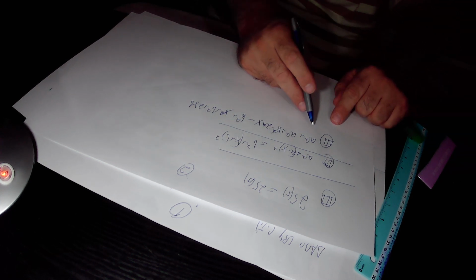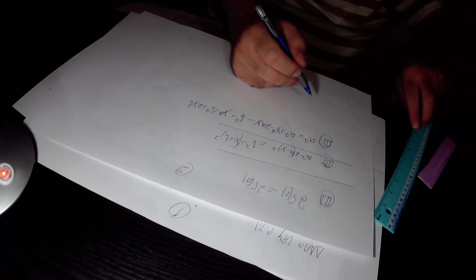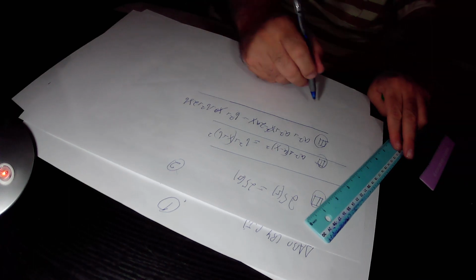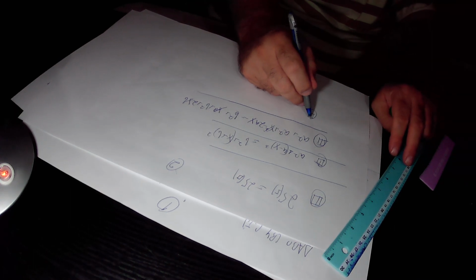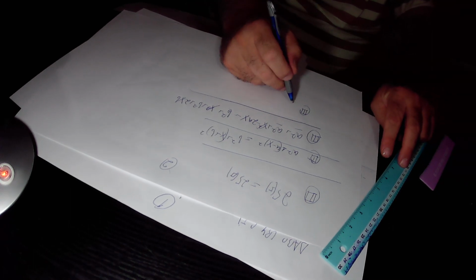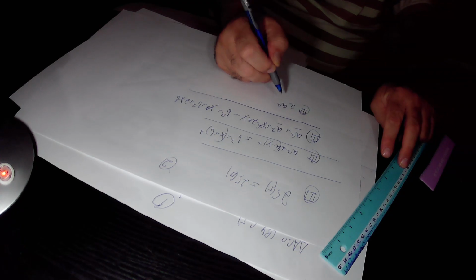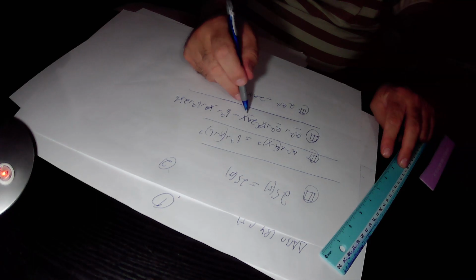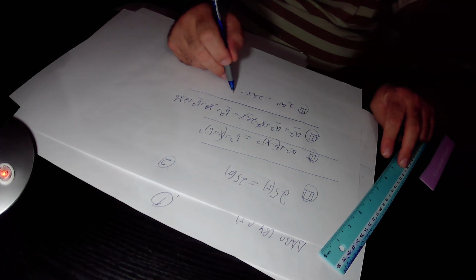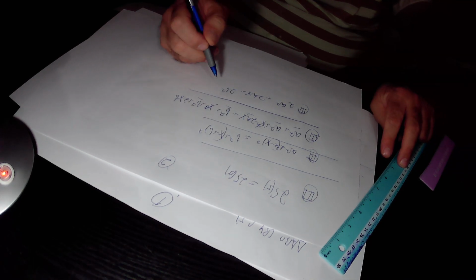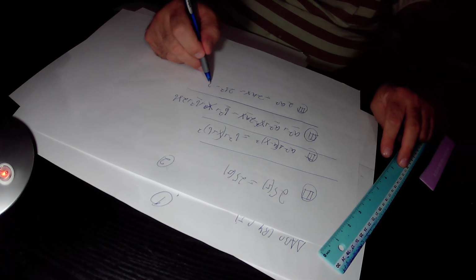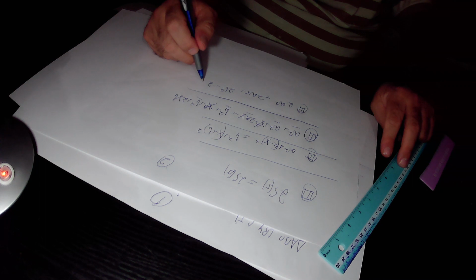So in this side of equation 3 we have a squared plus a squared, that is 2a squared, minus 2ax equals b squared plus b squared, which is 2b squared, plus 2xb.